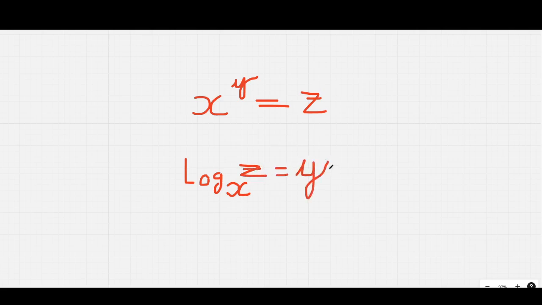If we have x to the power of y equals z, the way that we format this is that we write our log and we will say log base x of z is equal to y, because once again we have a certain number being multiplied by itself to equal another number, and the log is asking us how many times does that number need to be multiplied by itself, and this will give us that number of times.